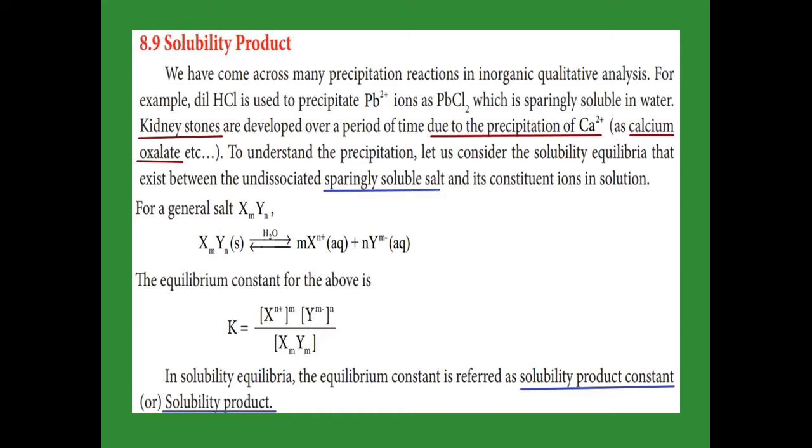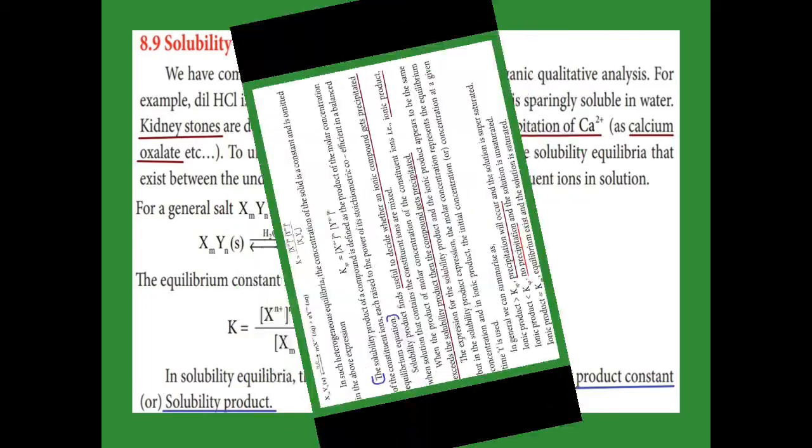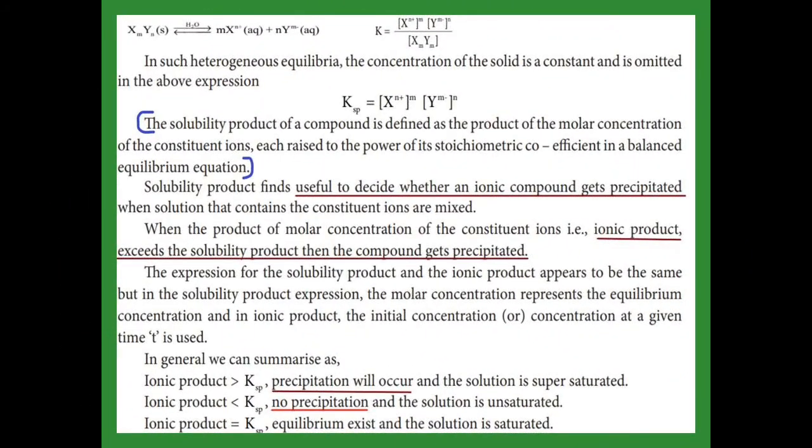For that we write the equilibrium constant K equals products in the numerator and reactants in the denominator. The same way they are writing here. This is called the solubility product constant or solubility product. A sparingly soluble salt gives half as ions as products and half of the salt exists as solid only.